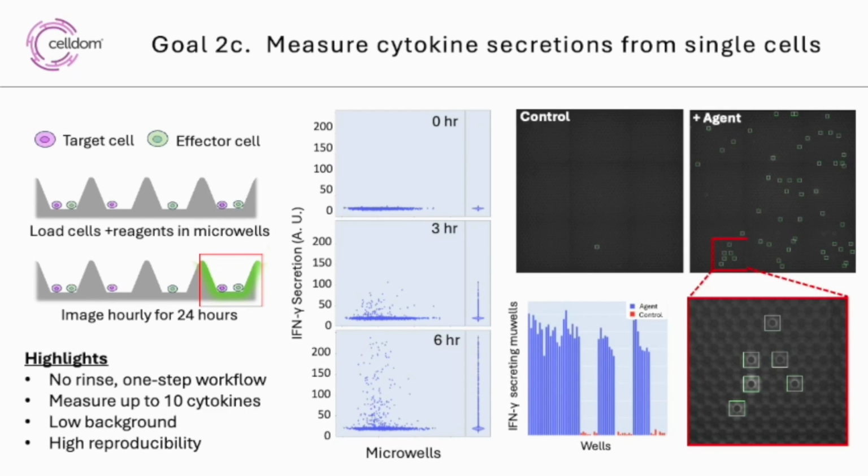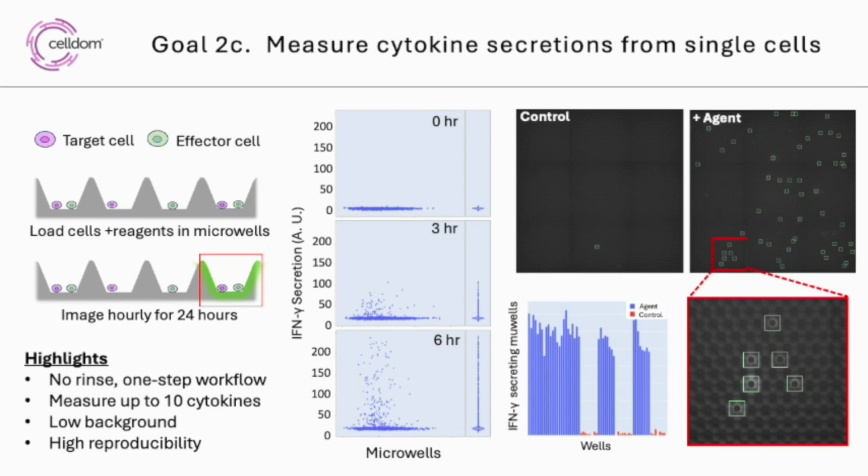In these experiments, we opted to coat the walls of the microwells with the cytokine capture antibodies instead of using the beads like before, because we found that dendritic cells are very hungry and they have a tendency to eat the beads. And secondly, because the fluorescent signal that we measured had a characteristic ring shape that could be easily detected using a combination of computer vision models and statistical analysis.